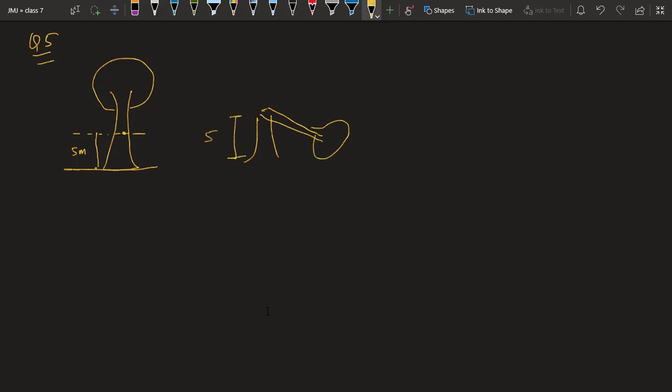So we can assume it like a triangle. Okay. So we can say this thing is given to us as 5 meters. This is 90 degree angle. What else do we know? They are saying a tree is broken at a height of 5 meters from the ground and its top touches the ground at a distance of 12 meters from the base of tree.